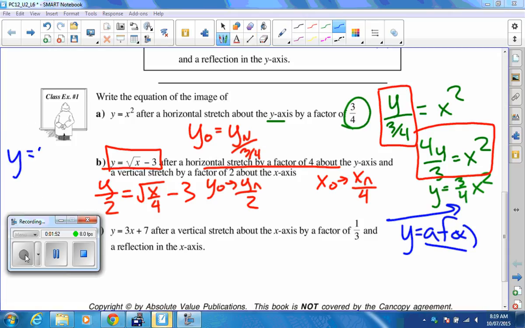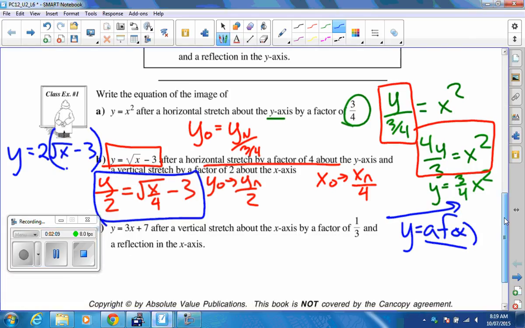Y equals 2 root x minus 3. And in fact, it would have to be that, because that minus 3 existed before the vertical stretch. So you'd have to include your brackets. Here, we don't have to worry about it. The replacement takes care of it for us.